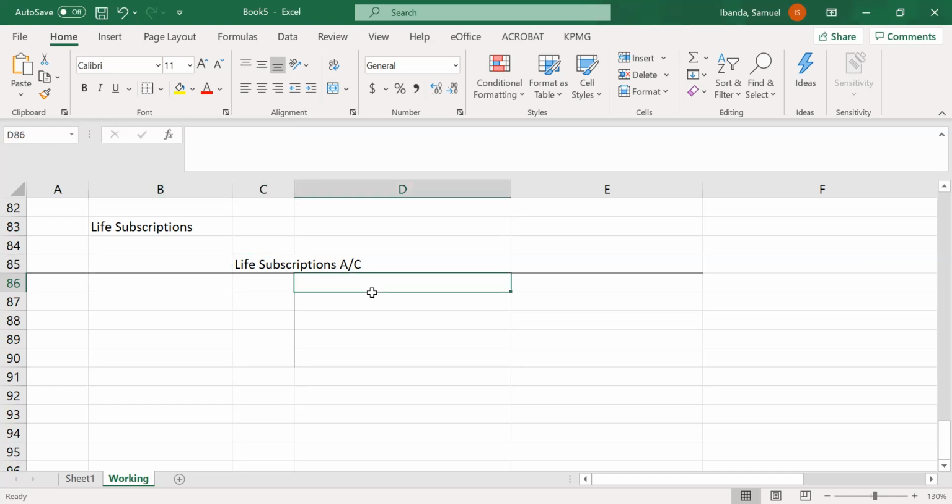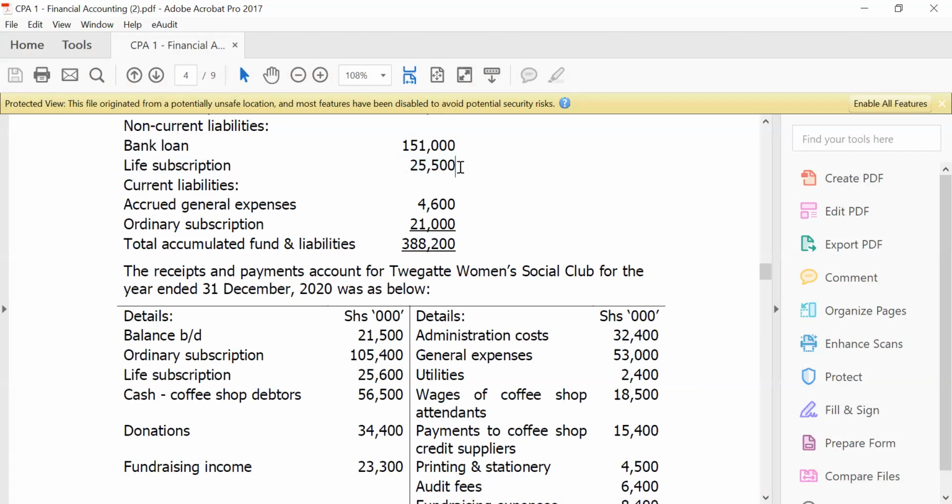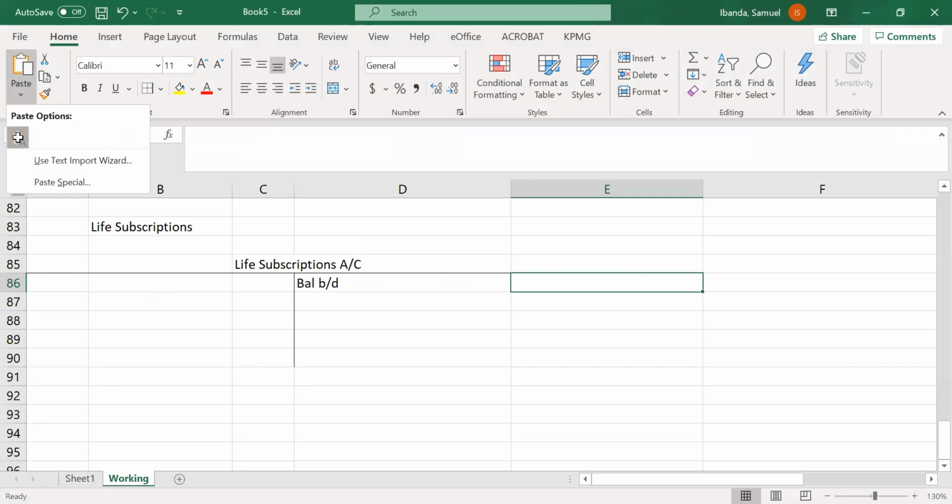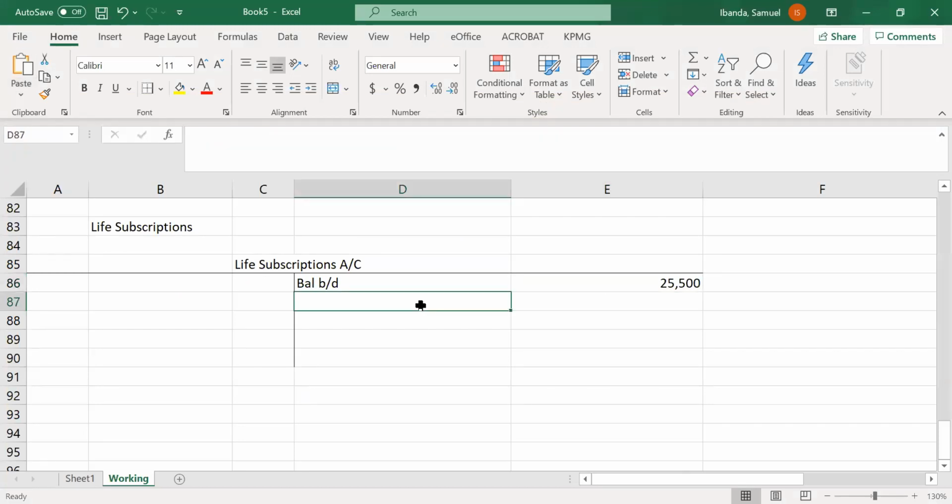So we have a balance brought down coming from our accounts. When you come here, we have a balance brought down for life subscriptions of 25,500. Okay. During the year, there was again another payment that increased our obligation. So payment, or you can call it receipt. Receipt during the year.